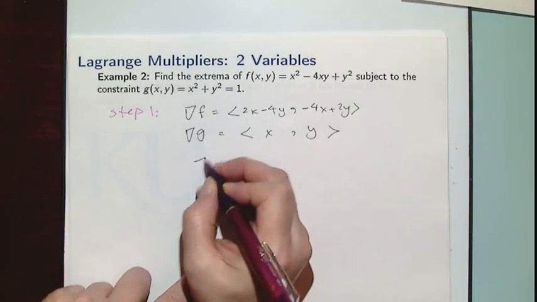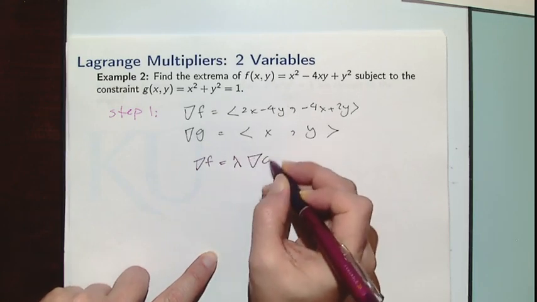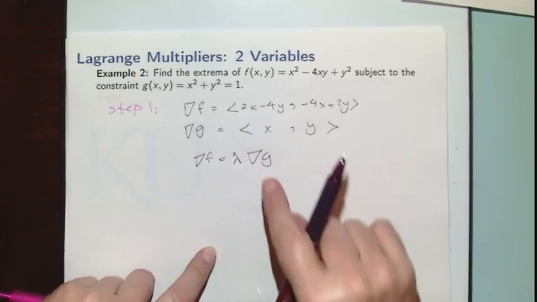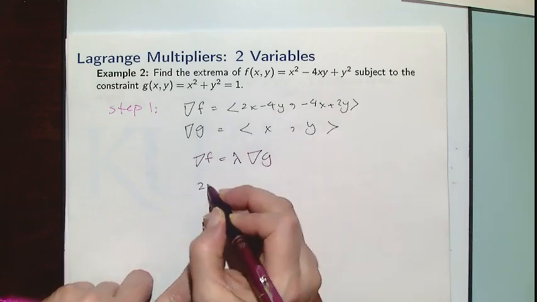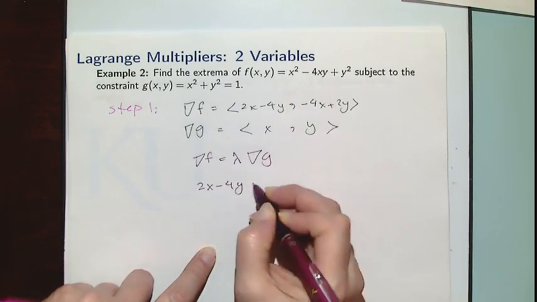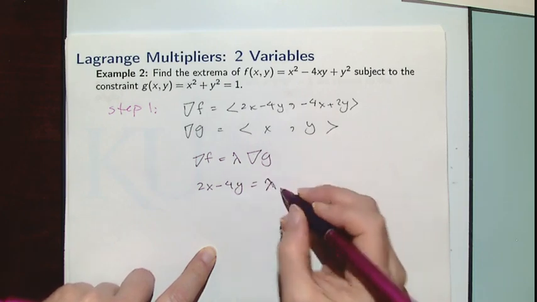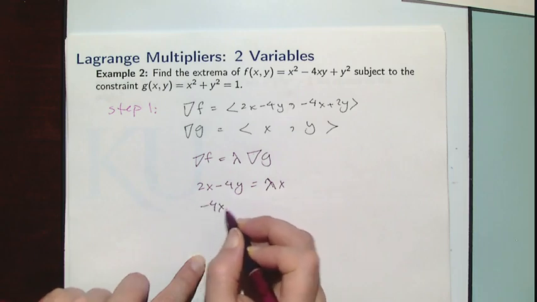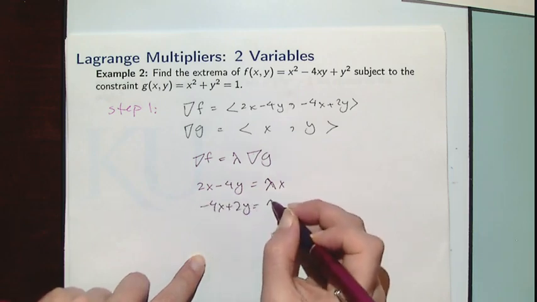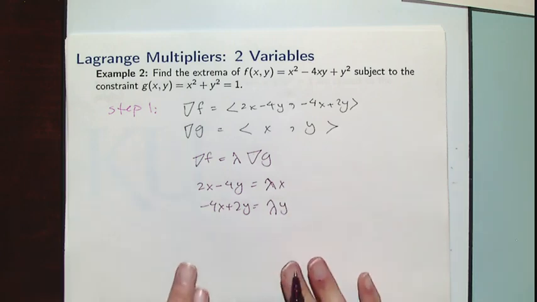So I'm going to say gradient of f is equal to lambda gradient of g, right? That means that the first component of the one is equal to lambda first component of the other. Fair game so far? Yes.